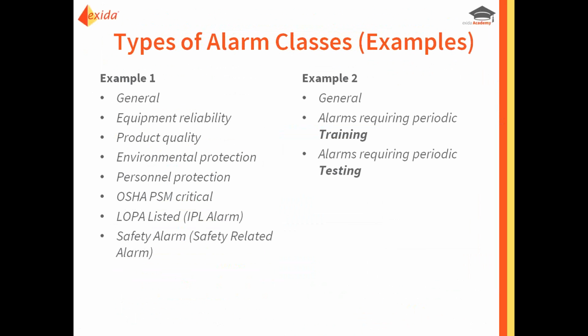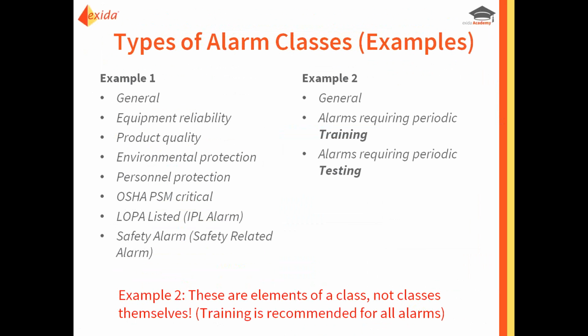A second approach that could be taken is to use examples such as general alarms, alarms requiring periodic training, and alarms requiring periodic testing. Now, based on what we've talked about so far, I'd ask you to think about which example set would be more valuable, example 1 or example 2? In my opinion, example 1 is much more clearly beneficial to an end user.